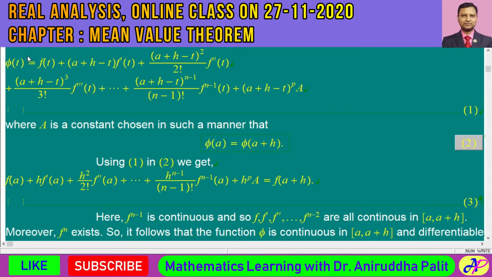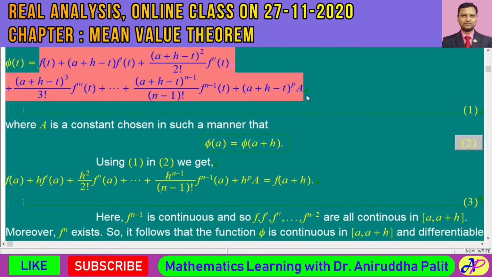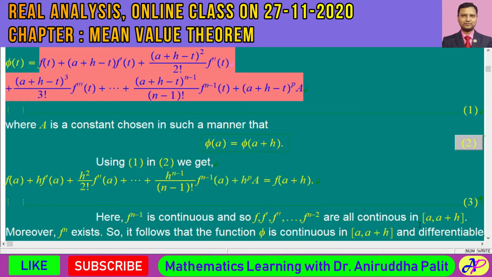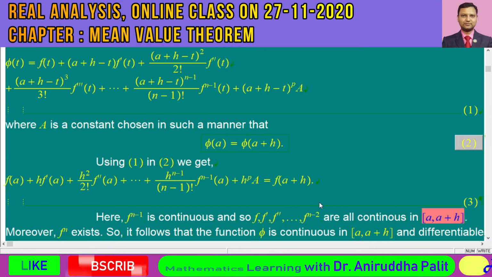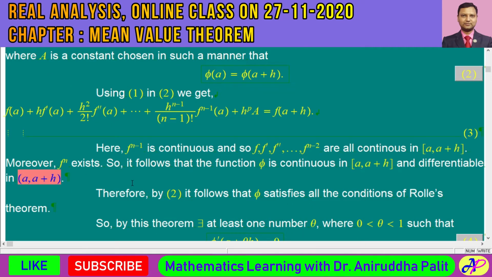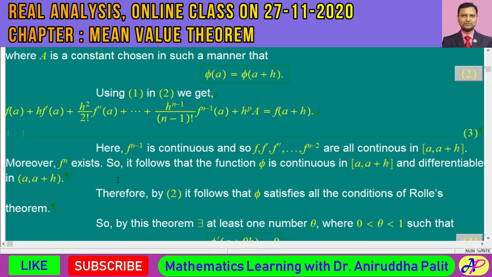So altogether we can say that the function phi, the total function phi, should be continuous in the closed interval a comma h, and differentiable in the open interval a comma h. Now is this much clear?